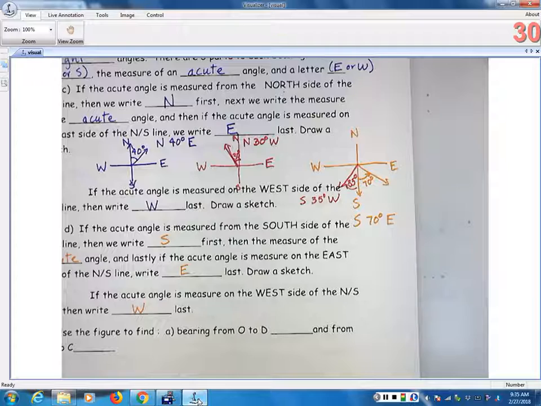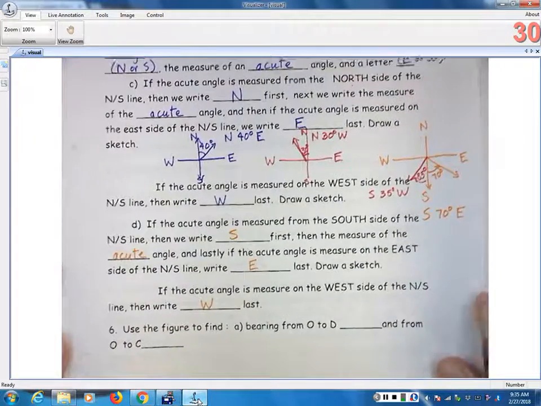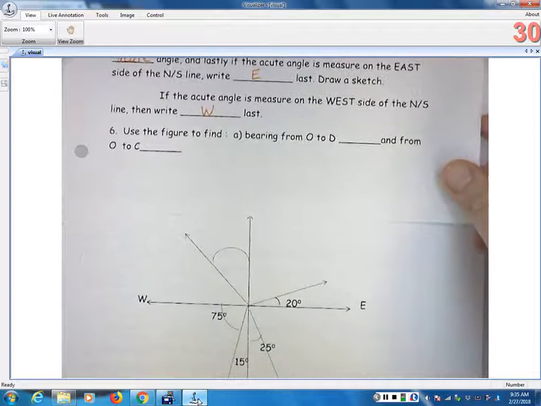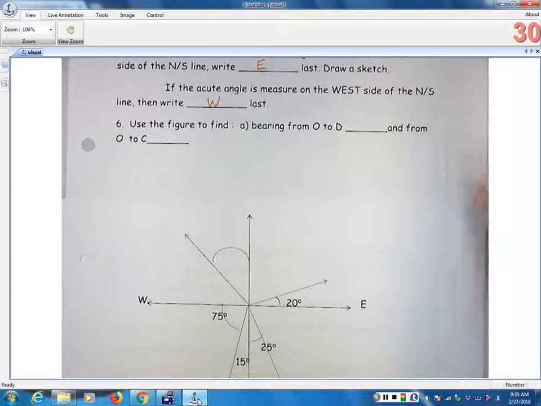Now we're going to use the figure, and my figure's on the next page. We're going to use the figure to find the bearing from O to D. I have to label some letters too.